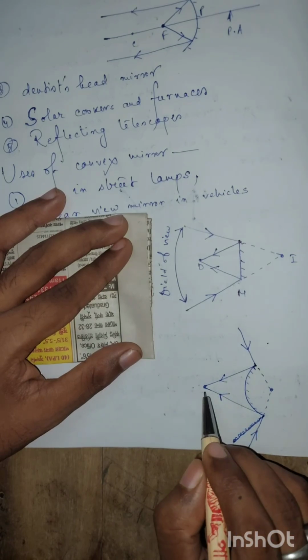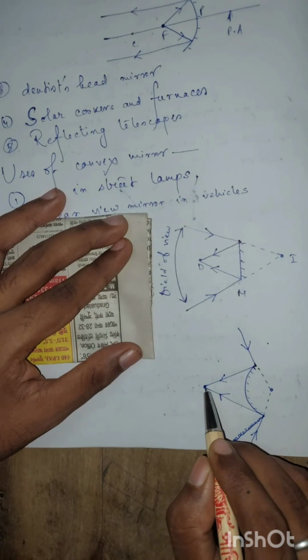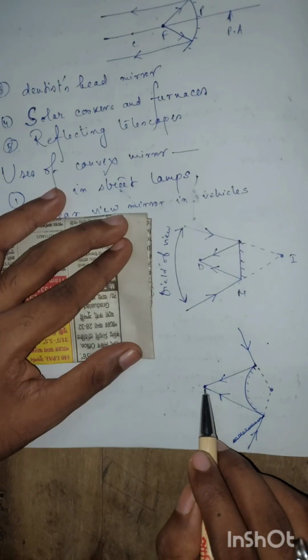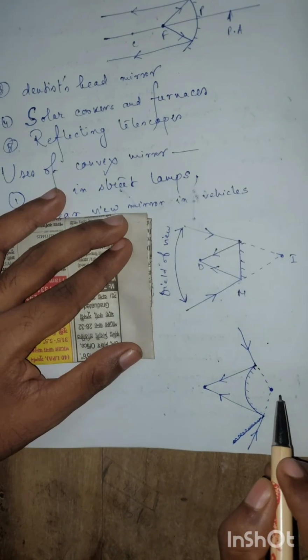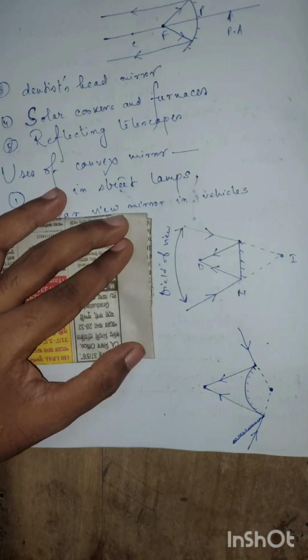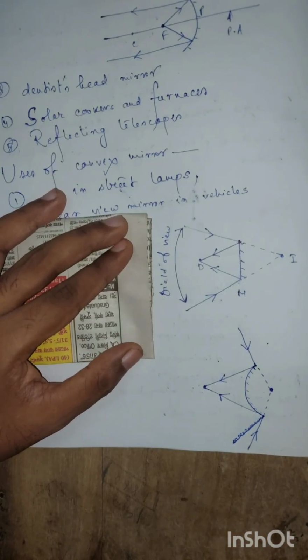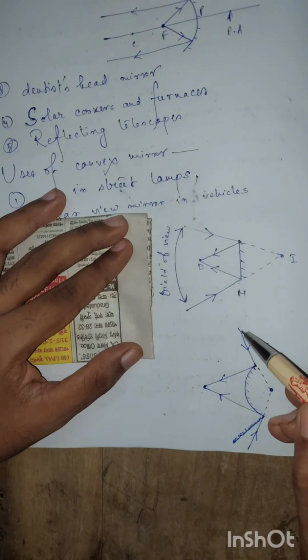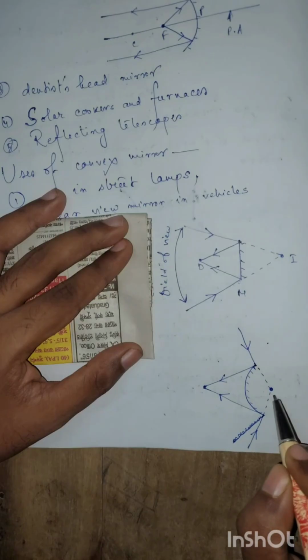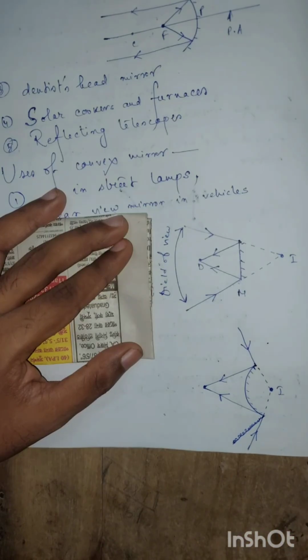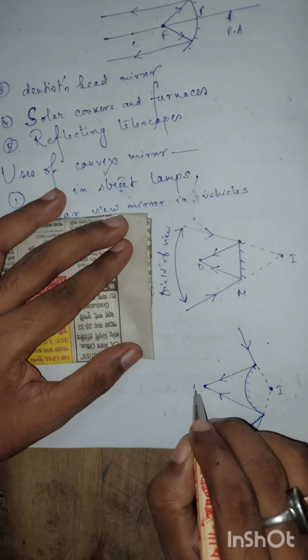So the driver can see the image of the object at this point. If these reflected rays are produced backwards, they meet at a point where we get the image, and this is our driver D.